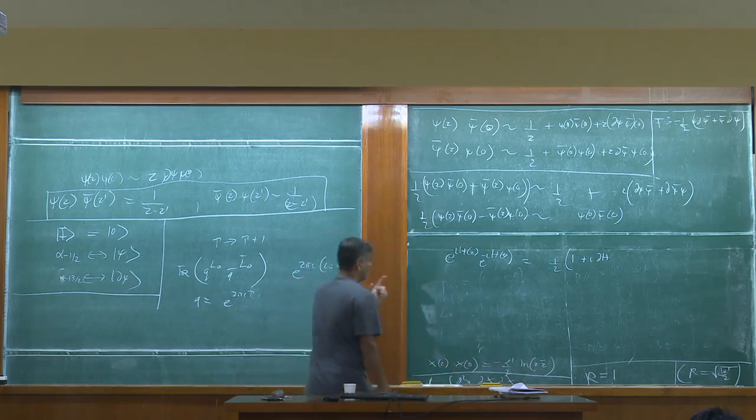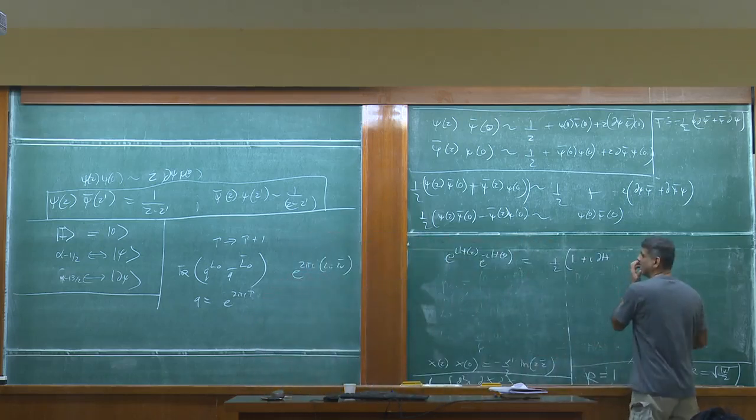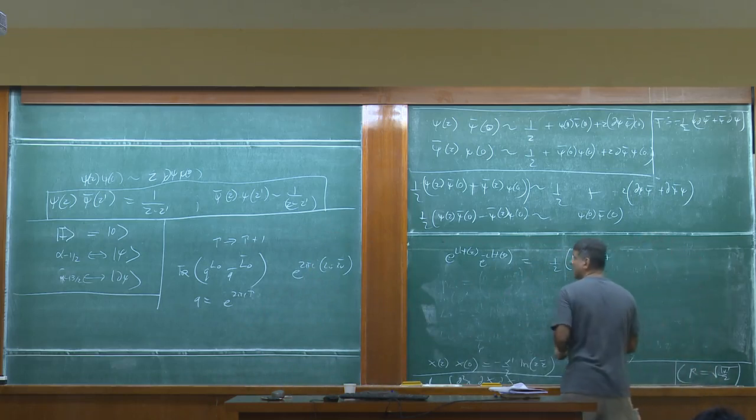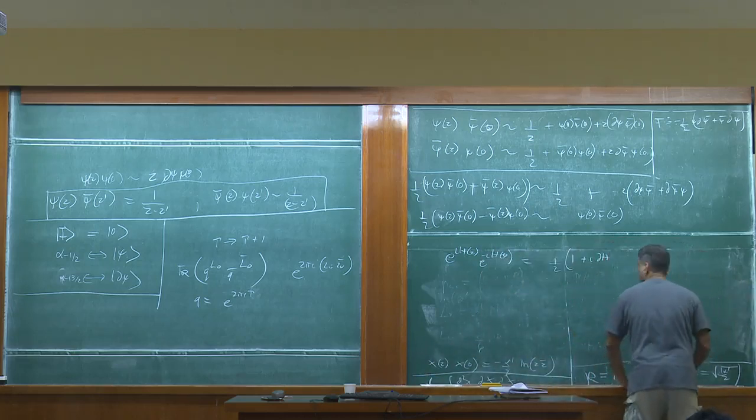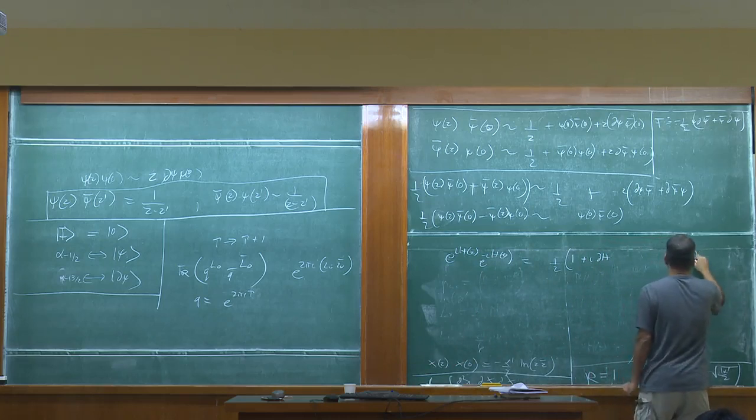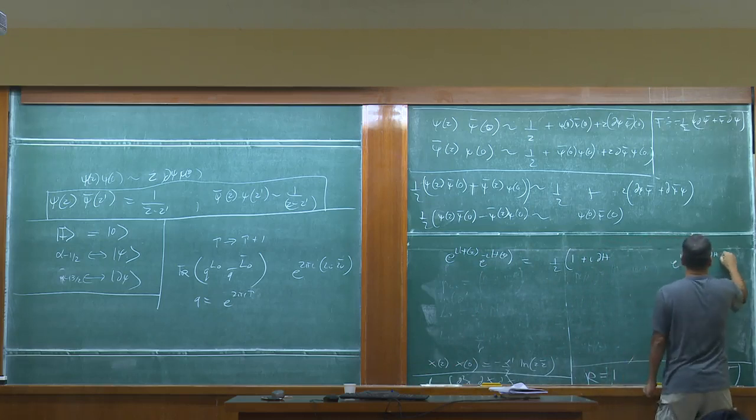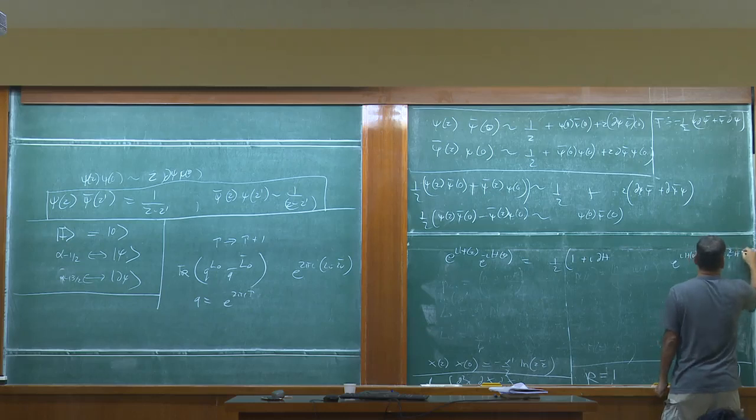Okay, now we have to do this a bit carefully, because this was e to the power i h of 0 plus z del h plus z squared del squared h by 2.